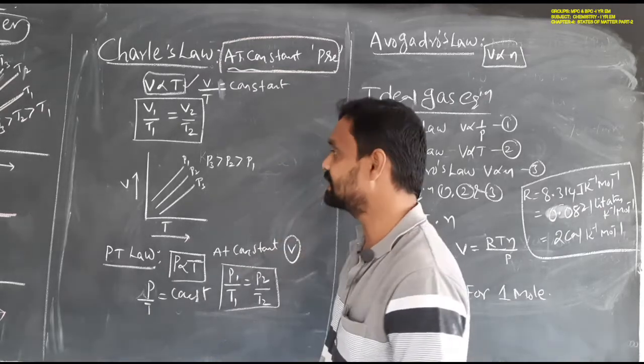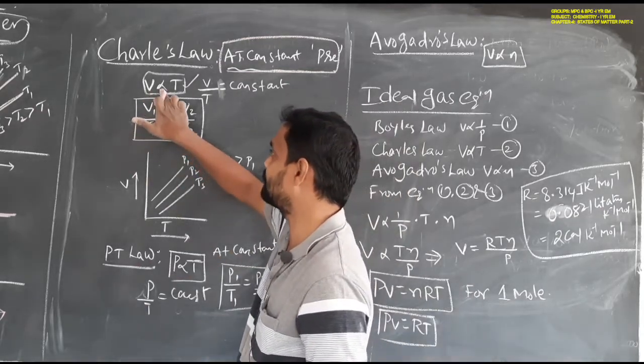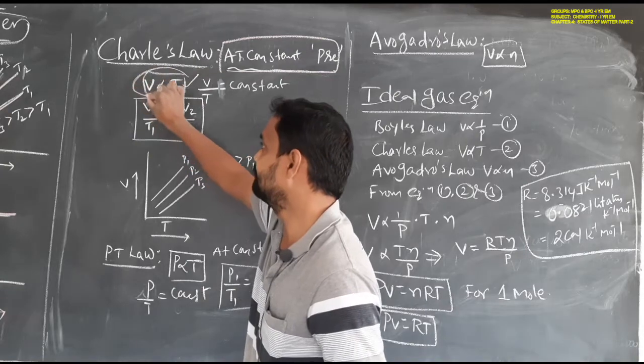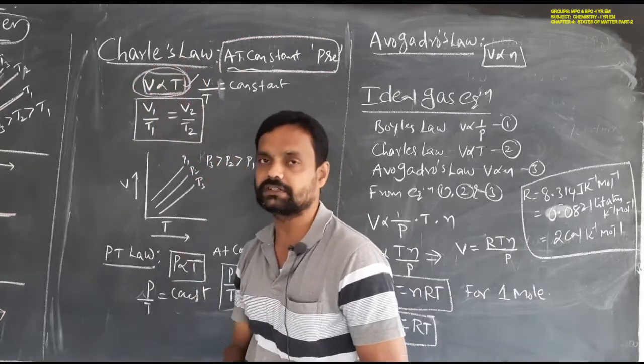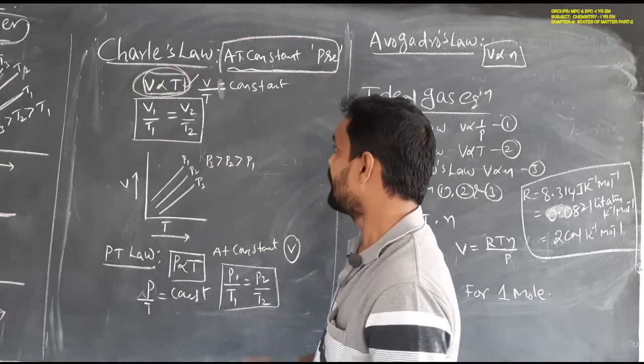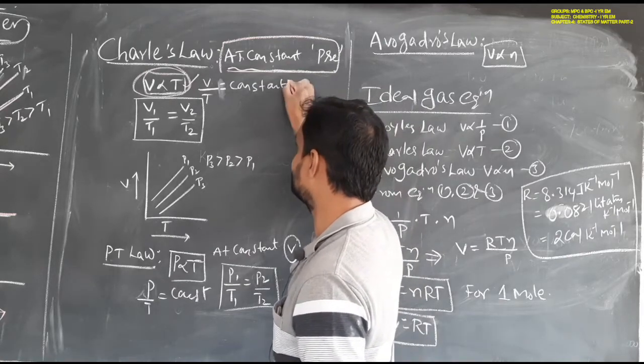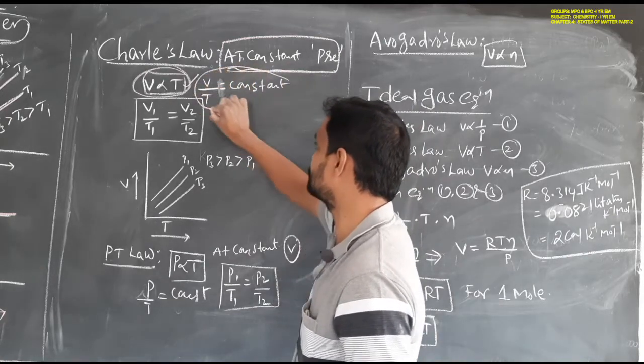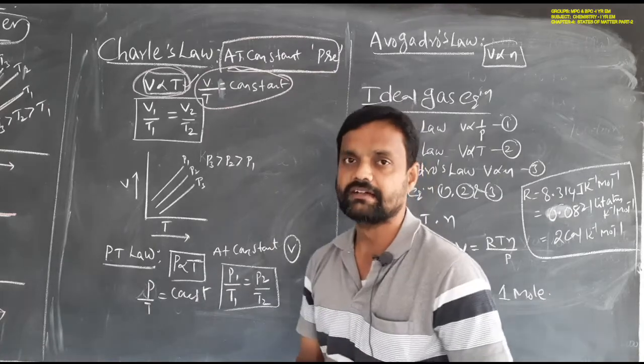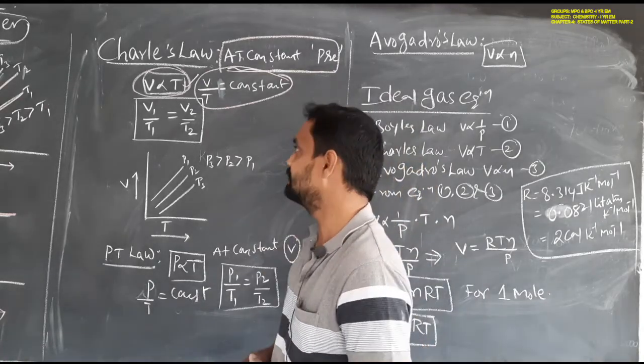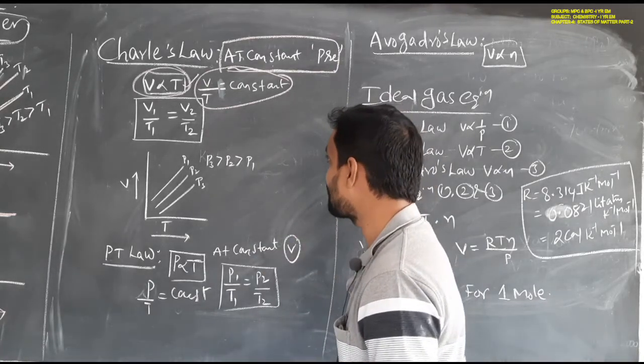Mathematically it is represented as V is proportional to T. V is directly proportional to absolute temperature T. And it is also indicated as V by T is equal to a constant.